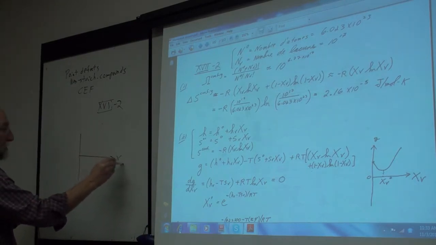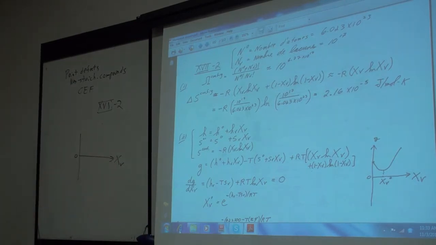So let me draw this. This will be the mole fraction of vacancies going from 0. The Gibbs energy of putting in the vacancies is delta H minus T delta S configurational, with the entropy term for mixing the vacancies being RT log x. This is your configurational entropy term, which is negative.